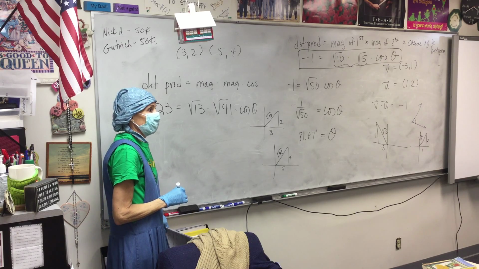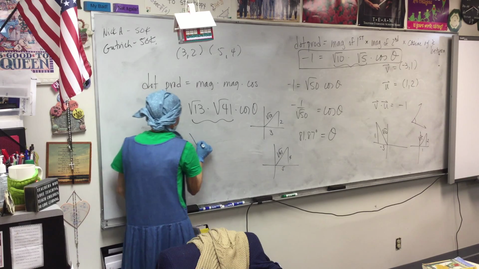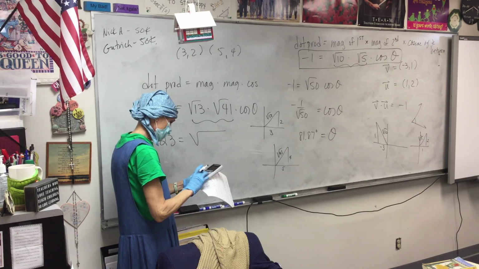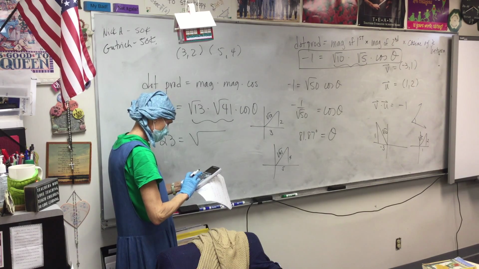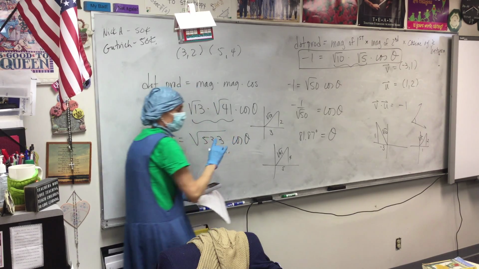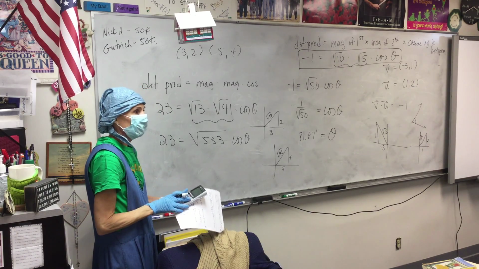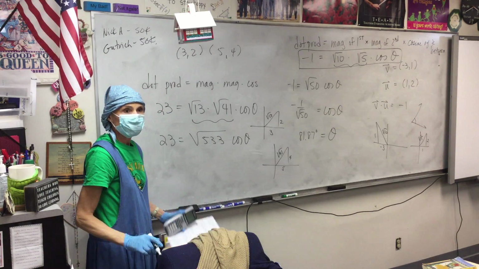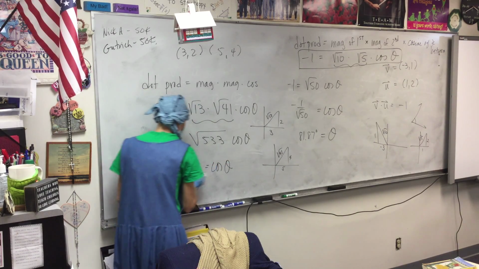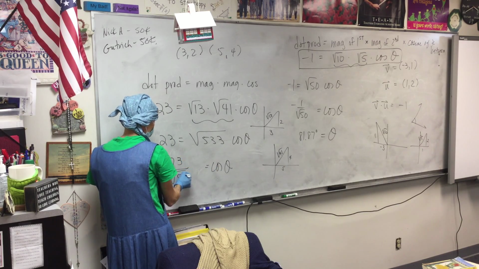Okay? Now, before you start, let's multiply these two together. The square root of 13 times the square root of 41 is just going to be the square root of 533. It's easier to do the problem if you put those two together before you go to the next step. Everybody okay with that? All right, so what's the next step? What does cosine theta equal? 23 over that. Yep.